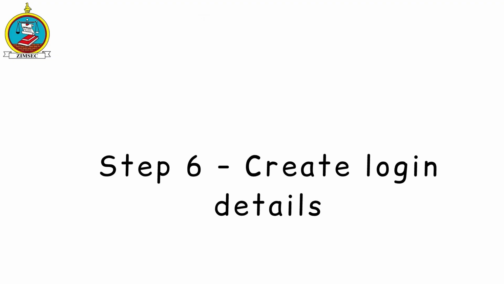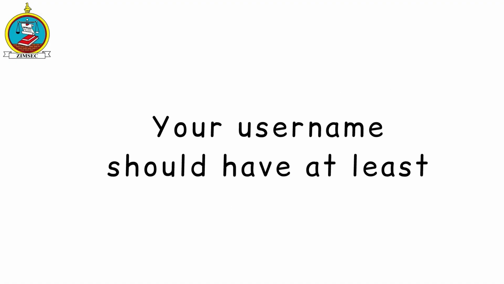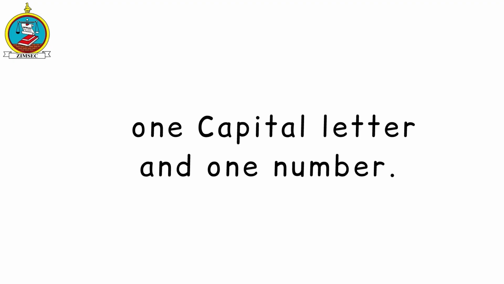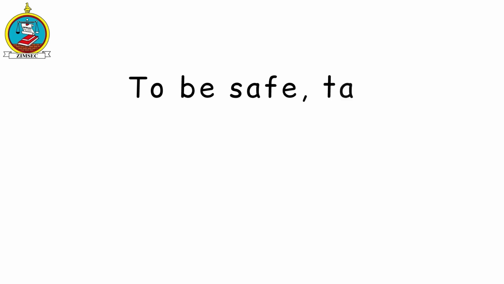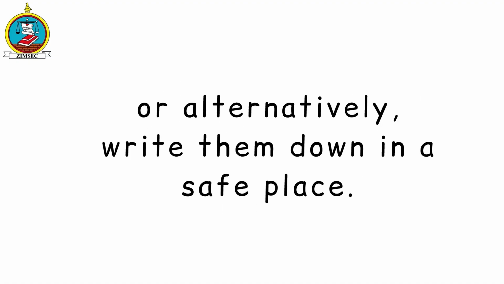Step 6, create login details. Create a unique username and password for your ZIMSEC account. Your username should have at least one capital letter and one number. Please make sure to remember your username and password for future access. To be safe, take a screenshot of the username and password, or alternatively write them down in a safe place.